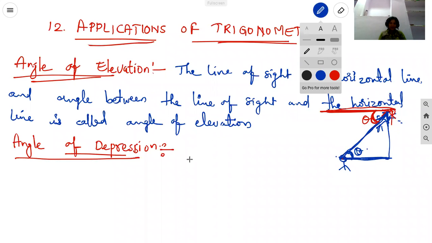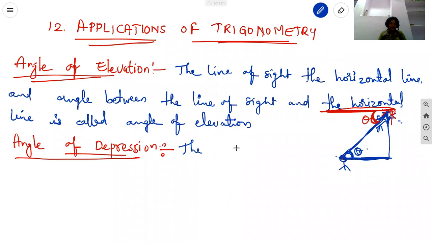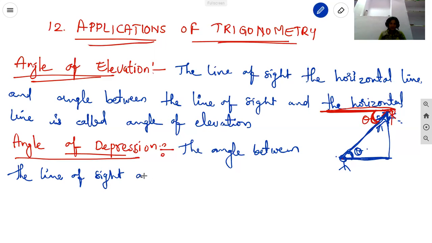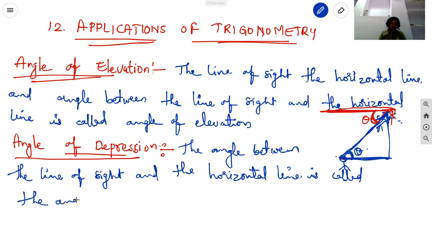That is nothing but, we can write here: the angle between the line of sight and the horizontal line is called the angle of depression.